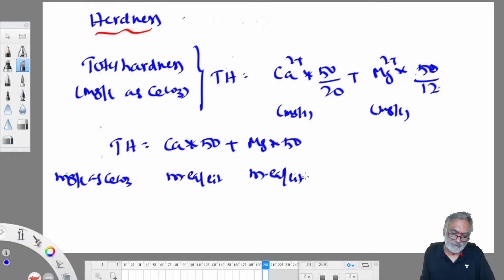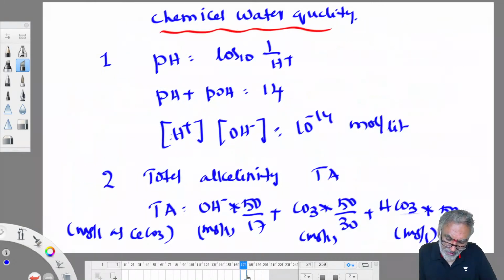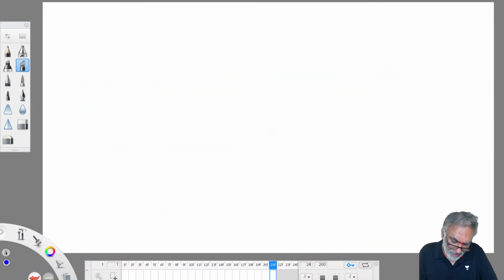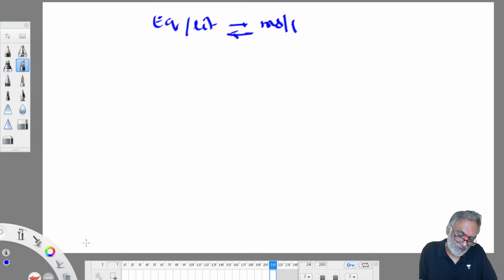So I gave you how to convert moles per liter to milligram per liter. Let us work out how to convert equivalents per liter to milligram per liter, and milligram per liter to equivalents per liter.